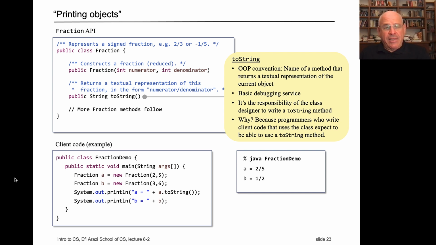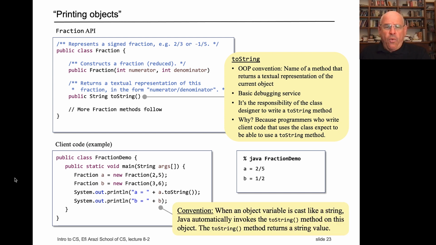Now look at the second statement, which is much more succinct. In the second statement, we simply say b equals plus b. And we got the same thing, 1/2, and you look at this and say, how did this hocus pocus happen? Well, it happens by convention.